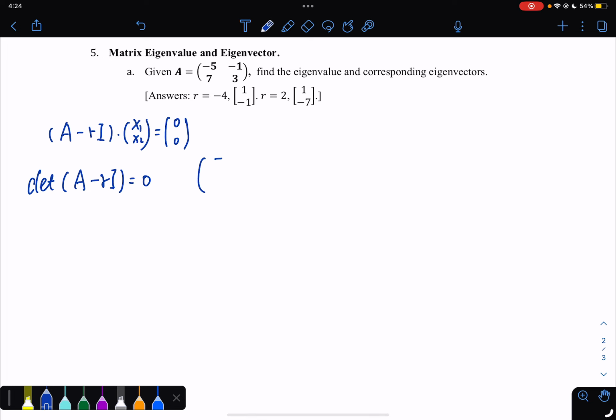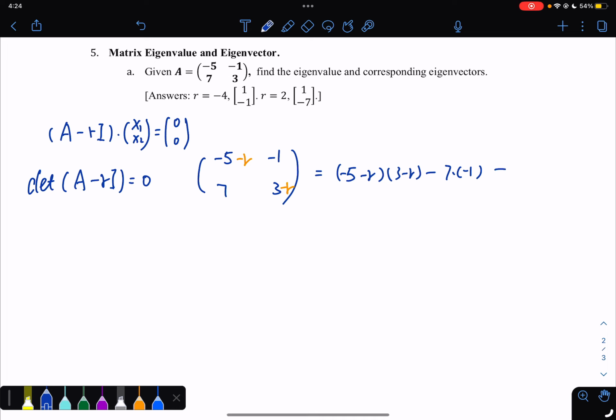That is to say, your matrix is -5, -1, 7, 3, and you subtract R times I from the diagonal entries. So what I'm going to end up with is (-5 minus R) times (3 minus R) minus 7 times -1.